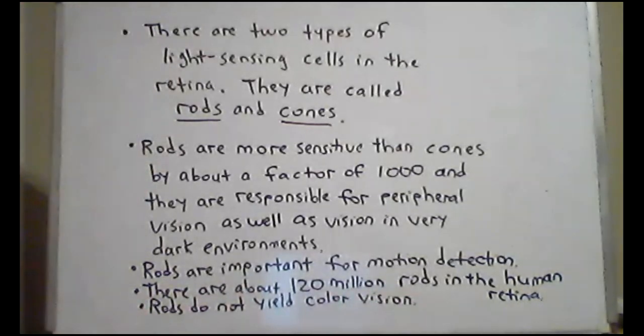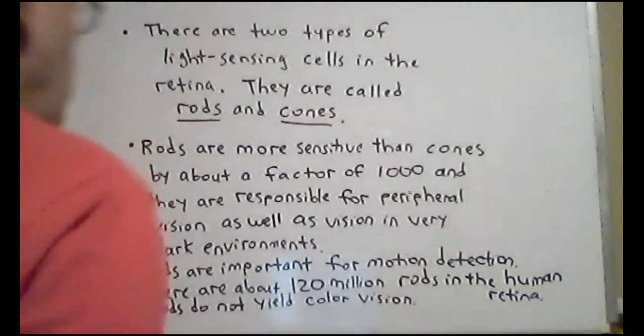All right, not responsible for color. Okay, now, you may notice that you may lose color vision in the dark, but you'll still be able to see shades of gray. The rods are the reason why you can do that. So you can still see grayscale.